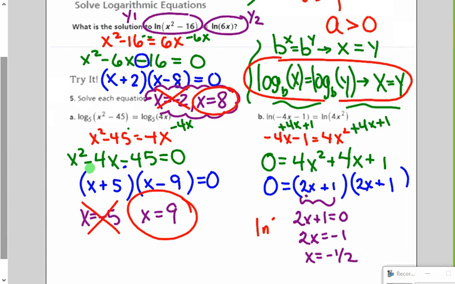So the right side says the ln of 1. That's okay. We can take the natural log of 1. The left side would have you take -1/2 times -4. Well, that's positive 2. And 2 minus 1 is 1. In either case, we have the ln of 1 equals the ln of 1. It checks out. That answer's good.